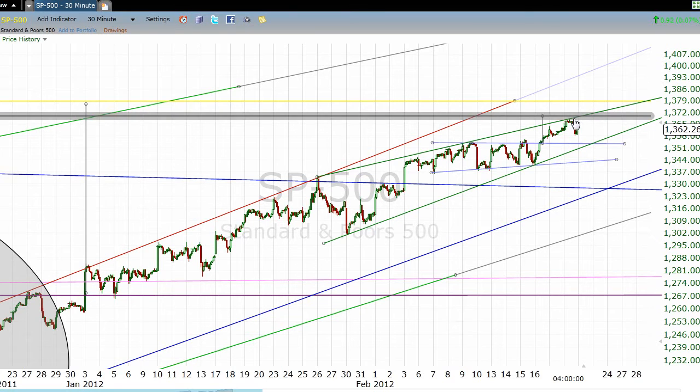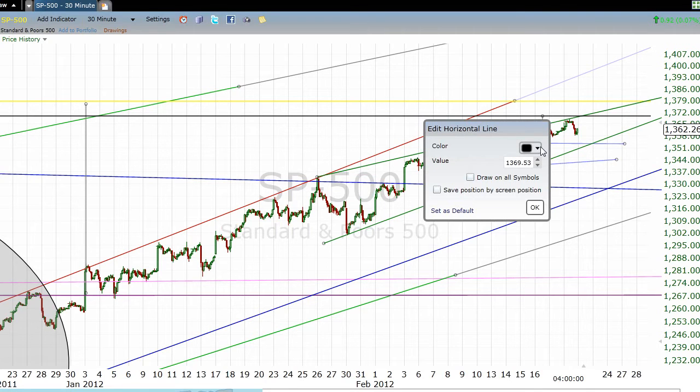Today didn't really satisfy that expectation. It got very close, near those highs just before the middle of the day, but it did not meet that line.